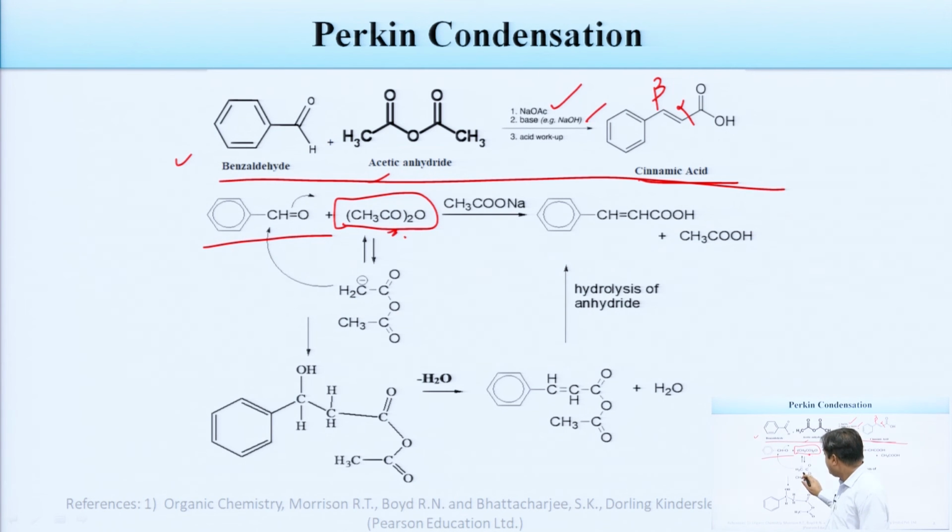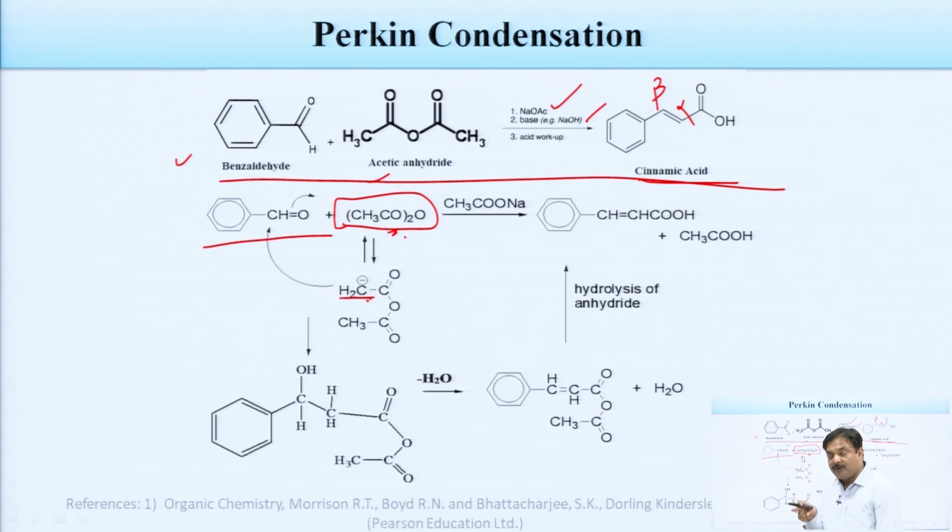So, you can say one hydrogen from that particular carbon is being removed by the base. That particular acid anhydride molecule is now converted into the carbanion. Carbon is carrying the negative charge after the removal of one hydrogen atom by means of base. So, now that carbanion is acting as a nucleophile.